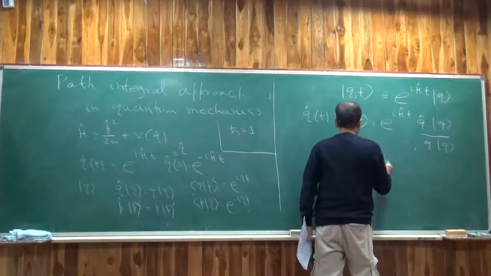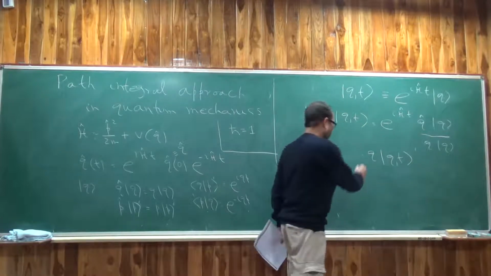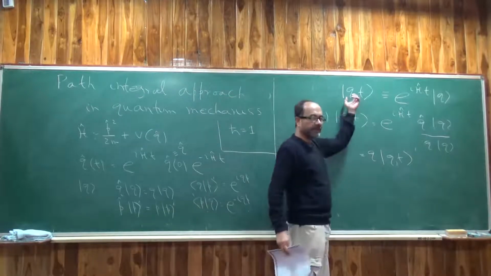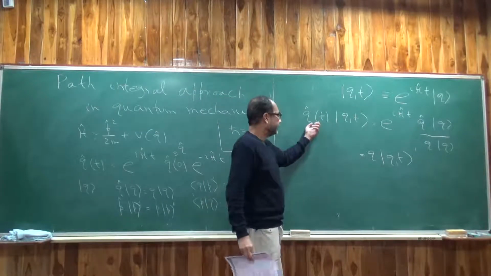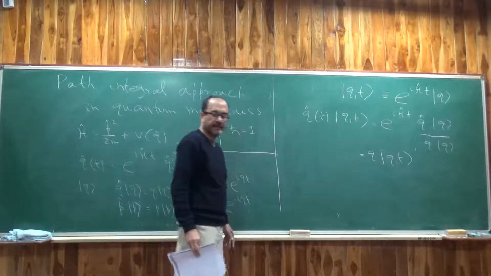So this state, which we denote by |q,t⟩, is an eigenstate of q-hat(t) with eigenvalue q. Okay, that's one way to define this state.